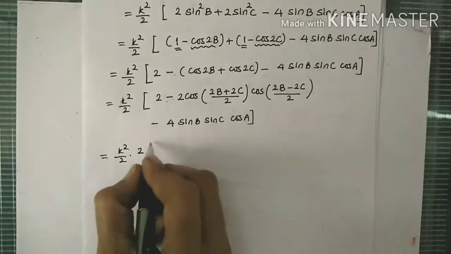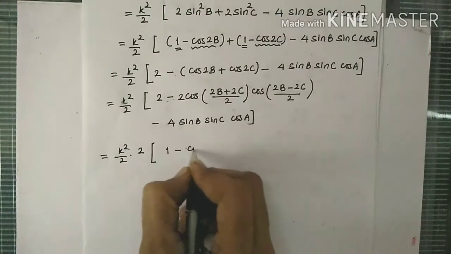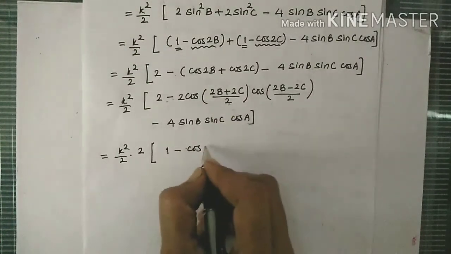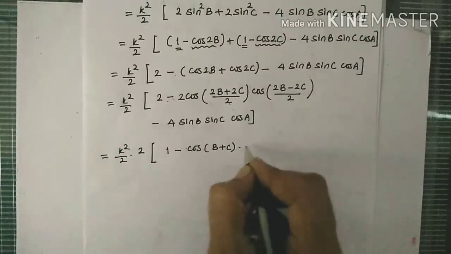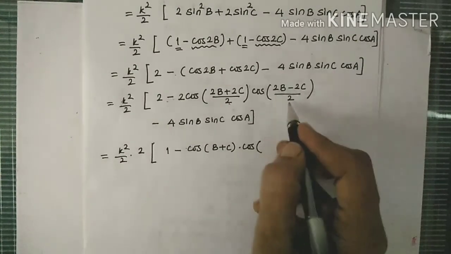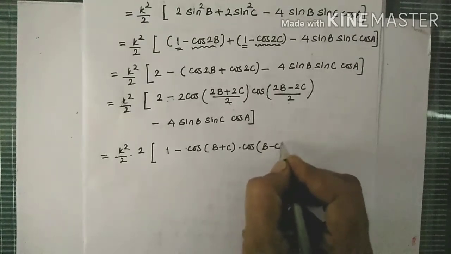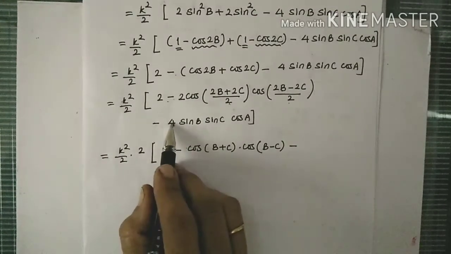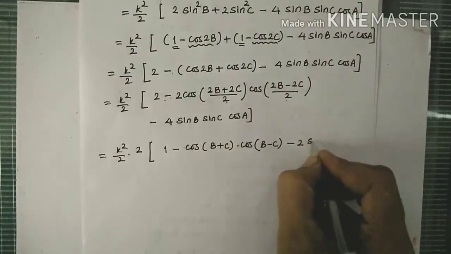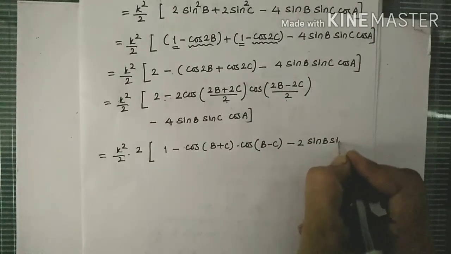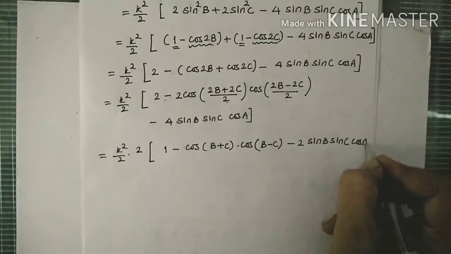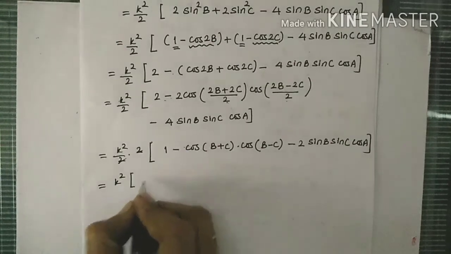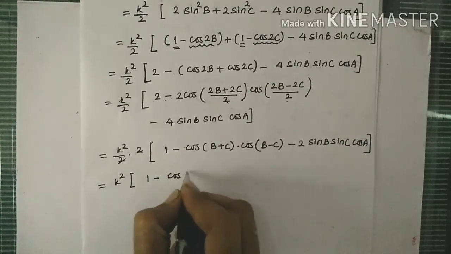We get 2, 1 minus cos of B plus C, into cos of B minus C, minus, since we are taking 2 common, 4 divided by 2, that is 2, 2 sin B sin C cos of A. So this 2 gets cancelled. K square, 1 minus cos of B plus C.